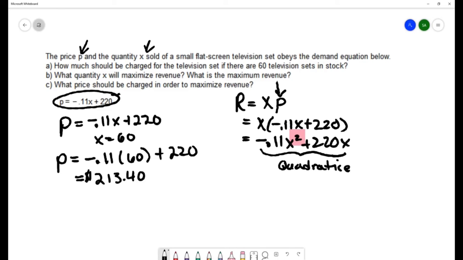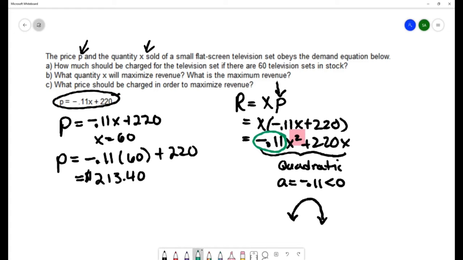The graph of a quadratic is a parabola. And if I know the coefficient on the squared term, what we usually call the leading coefficient, that will tell me whether my parabola is facing up or down. So this is A, which is negative 0.11, which is a negative leading coefficient, and that tells me that my parabola will be a down-facing parabola.